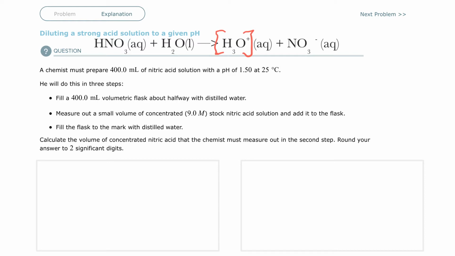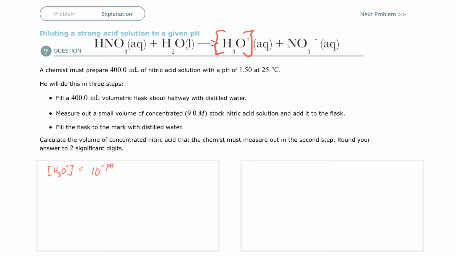If we want to know the concentration, you're going to need to remember that the concentration of H3O plus is equal to 10 to the negative pH.